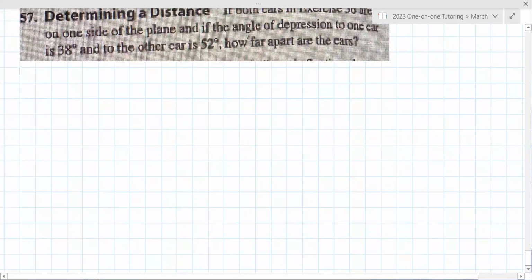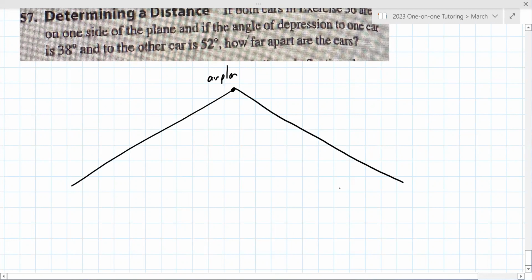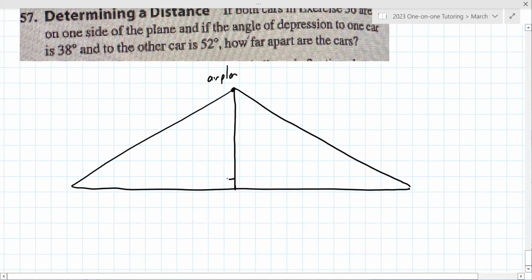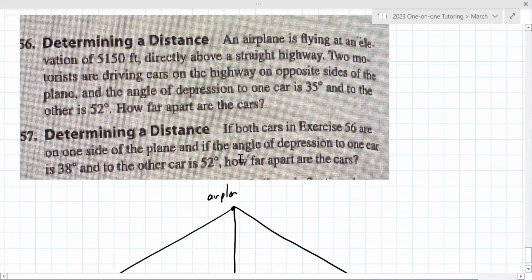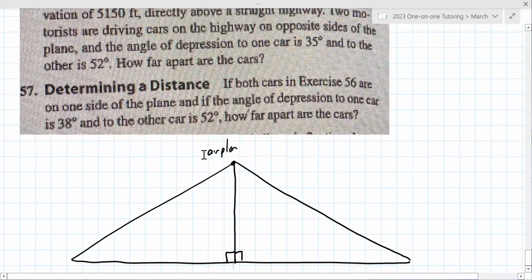So the setup here is there's an airplane right here, and there's a car over there and a car over there. Now, if you drop an altitude, this makes two right triangles. Because we're going to do 57, they're saying to change the angles to 52 and 38 degrees.